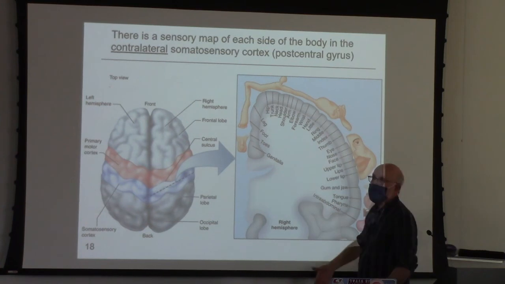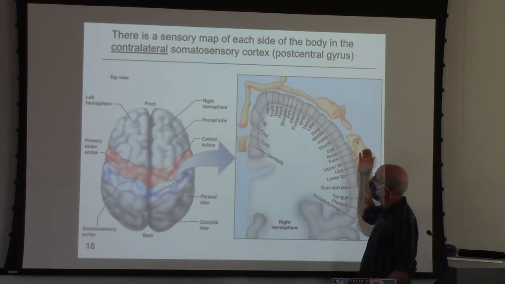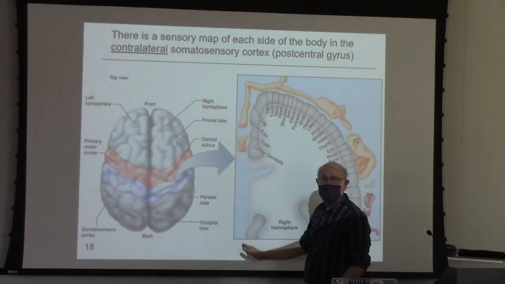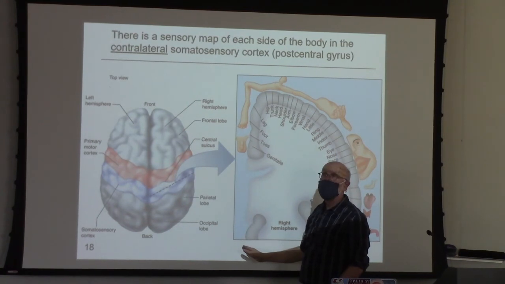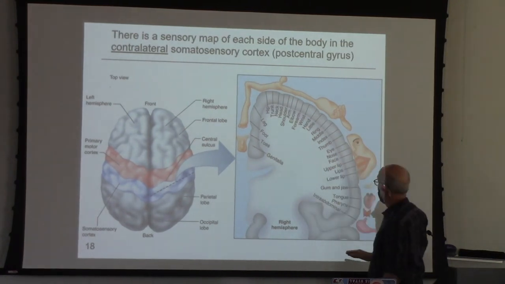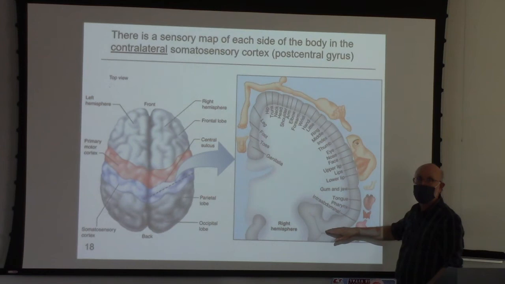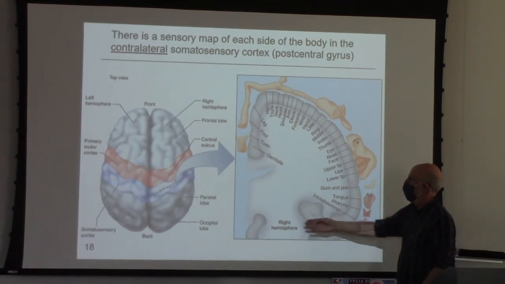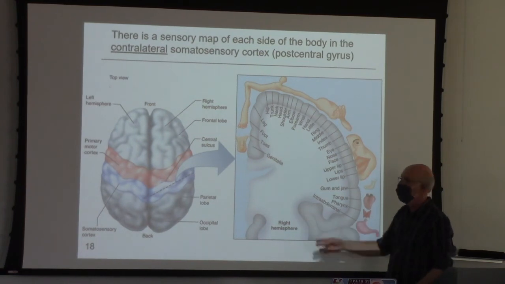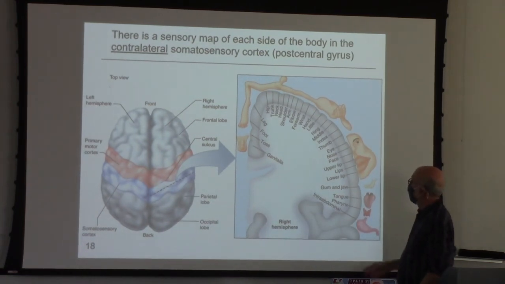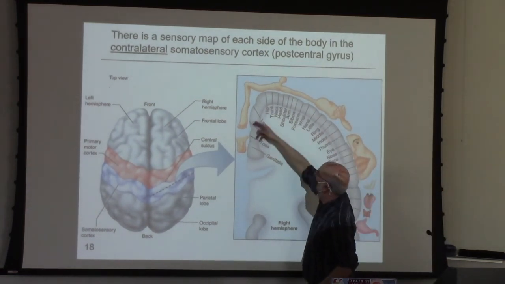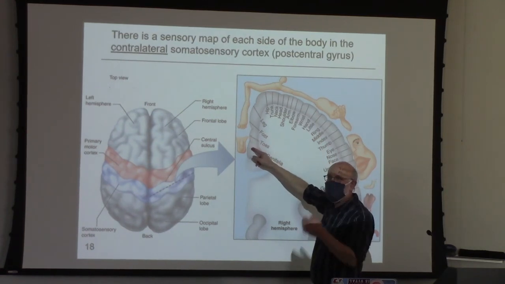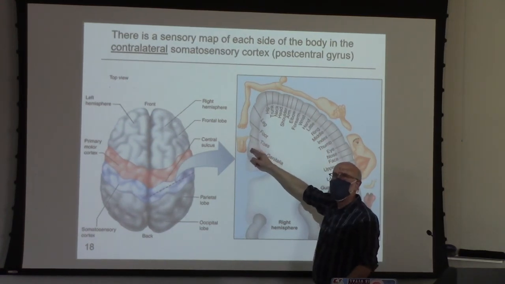Now we're looking at it in a coronal section. So here is the longitudinal fissure. Here is the lateral sulcus. There's the temporal lobe, right hemisphere, the right side. This is the gray matter of the right post-central gyrus.